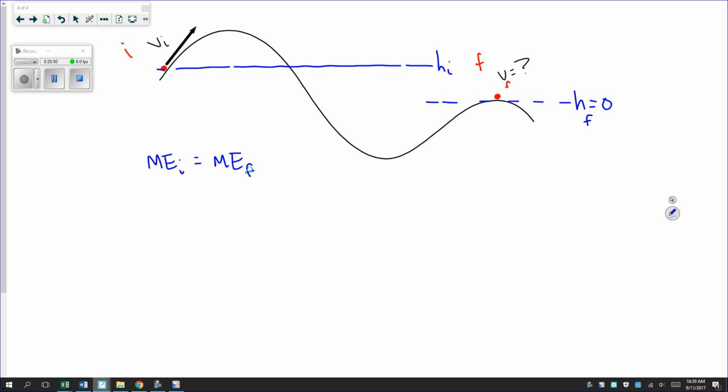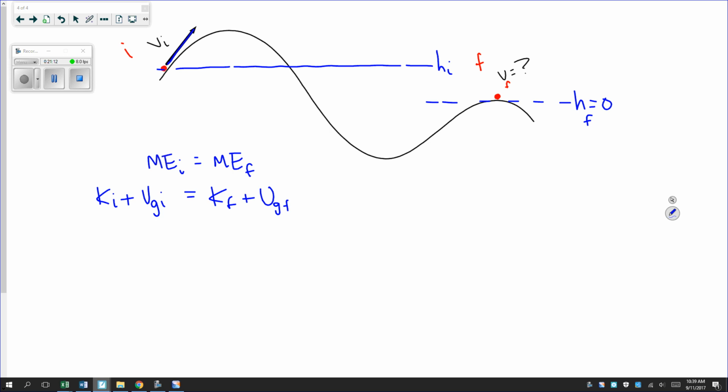So the typical next step is to say, in whatever order you want, K and U, or U and then K, equals K final plus U final. Then you ask yourself, are any of these terms 0? K initial is not 0, because this thing is moving.